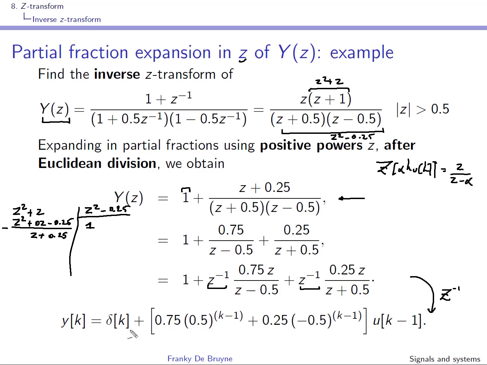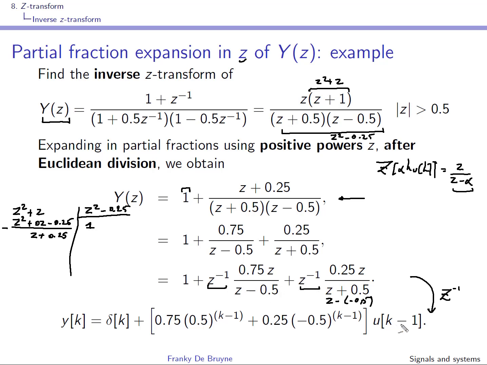This is the z transform of a delta, and here we'll have, well, 0.75 times this one. Here you have a delay operator, not alpha to the k, but alpha to the power k minus 1. You will have 0.25. If you look at this expression, you see that this is z minus 0.5, right? So it's 0.25 times minus 0.5 to the power k minus 1, because we have a delay operator.